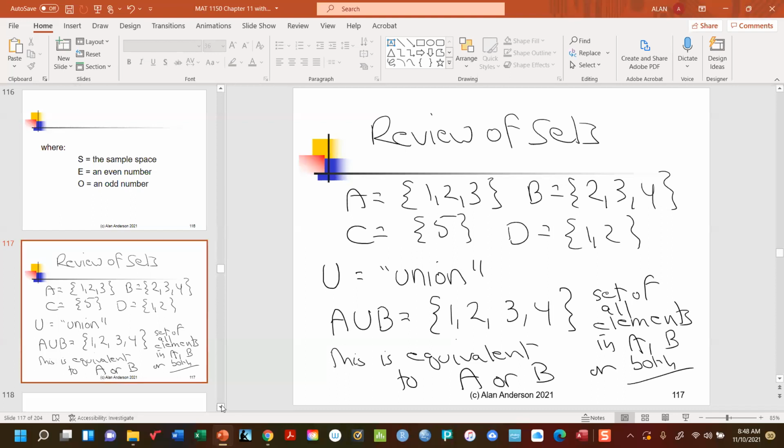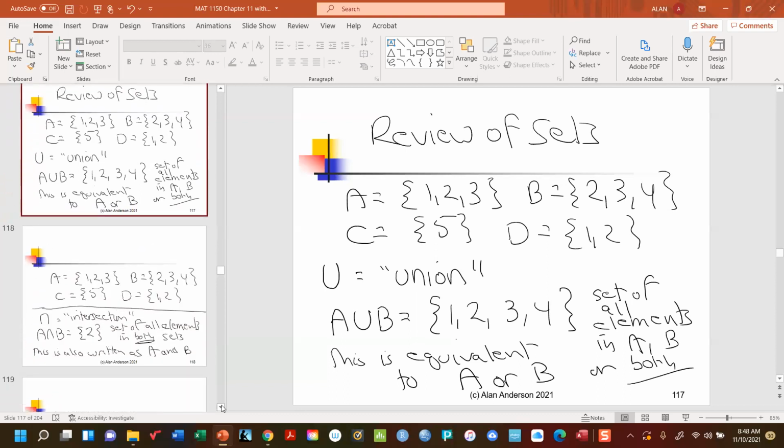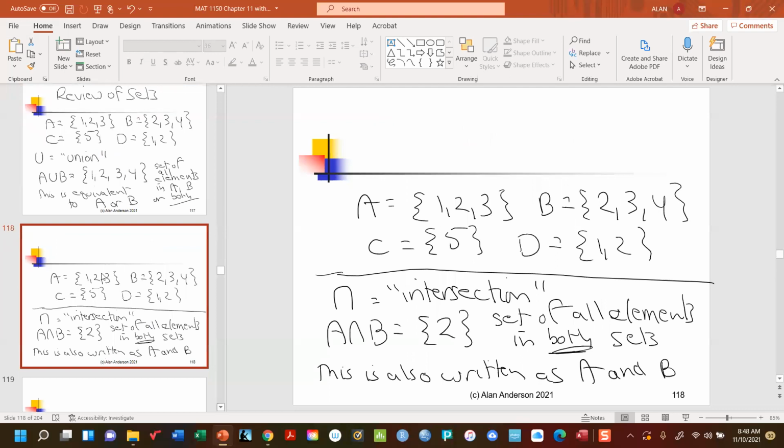Now, another important operation that could be performed on sets is this one. If you notice, this is basically an upside down U, and it's called intersection. And so when you apply it to A and B, you can see that what we're actually doing is looking for all the elements that the two sets have in common with each other.